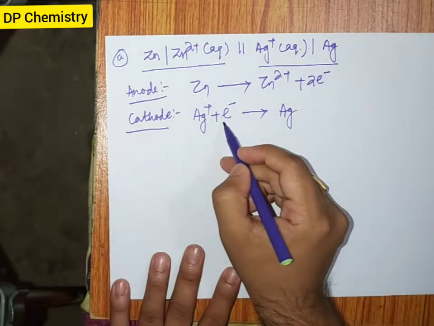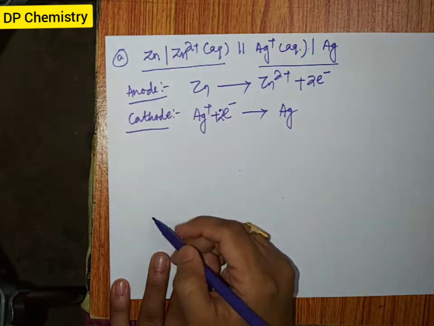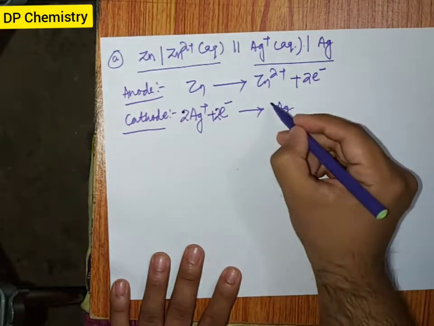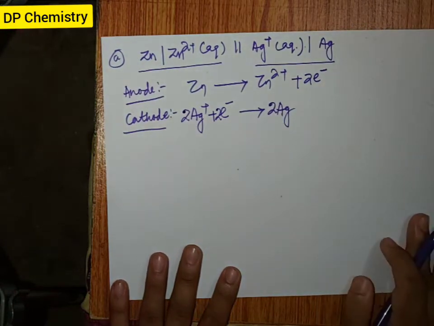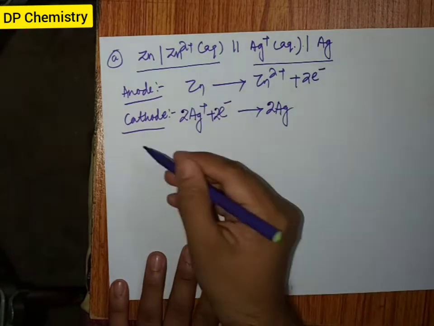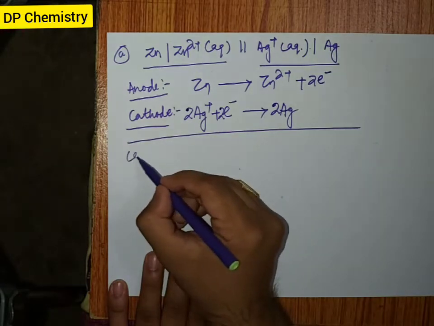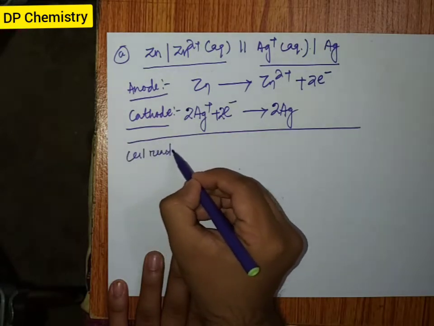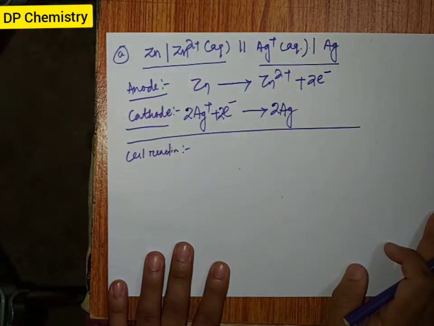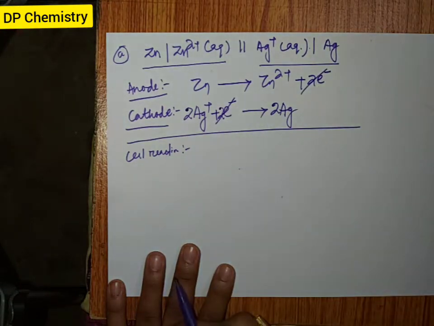Here only one electron is consumed, so I have to multiply by 2 here and also by 2 here. Now everything is in its correct form. Now I have to find the cell reaction. The cell reaction is just the anode reaction plus the cathode reaction. When I add them, the 2 electrons will cancel out.